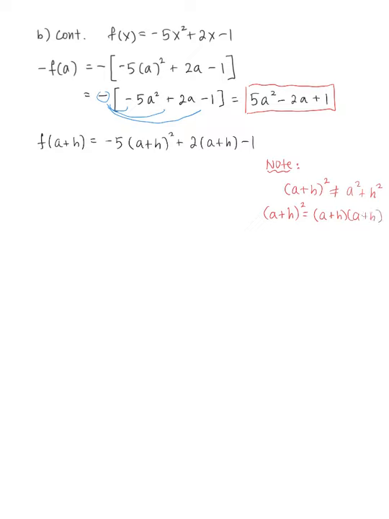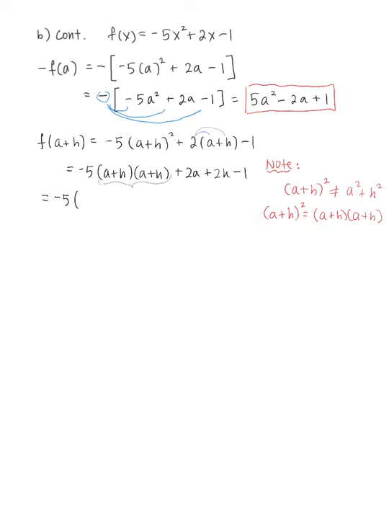So now this is the same thing as negative 5 times a plus h times a plus h. And then let me distribute the 2 to each term already. So you're going to have plus 2a plus 2h and then minus 1. Let's keep going. So this is negative 5 times, and now I'm going to FOIL this.